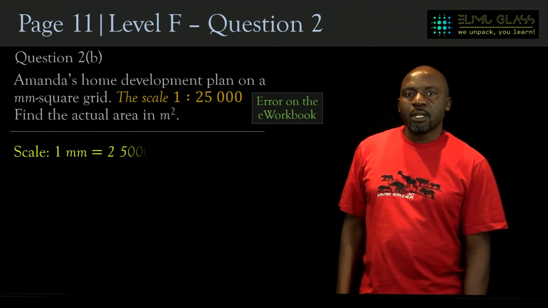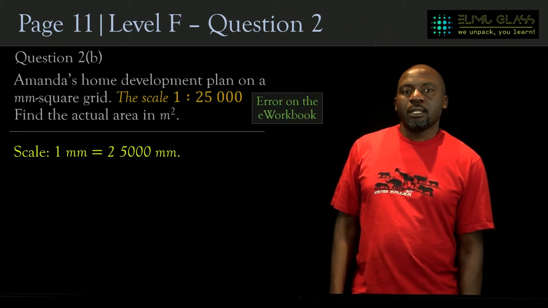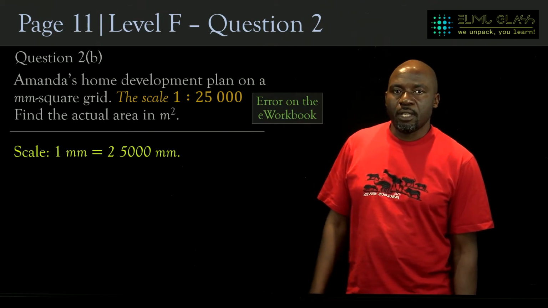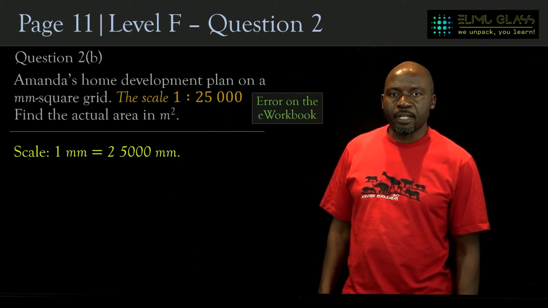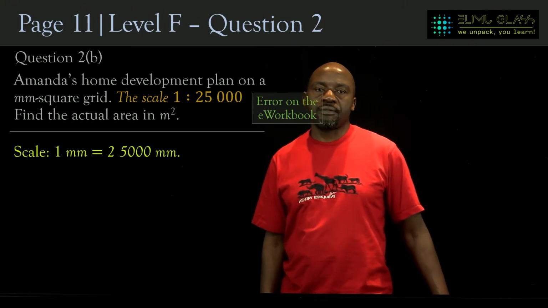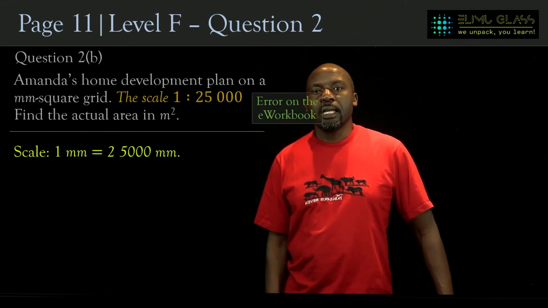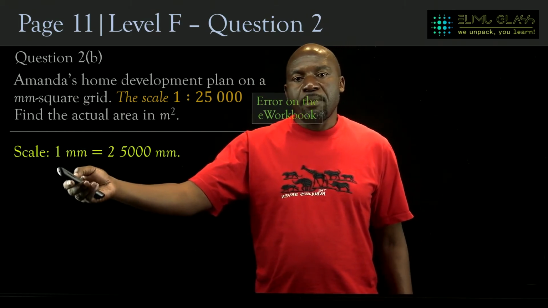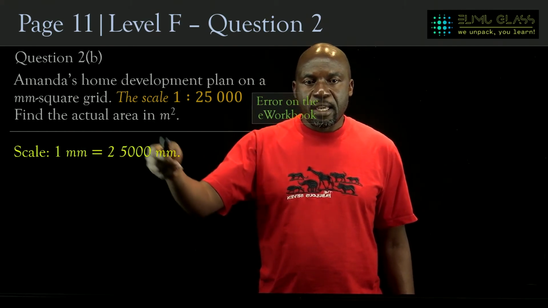And so now the scale is 1 millimeter represents 25,000 millimeters. Every millimeter represents 25,000 millimeters, or 25 meters if you like. Okay, and so if we square both sides, then 1 millimeter squared must be this value squared, right?